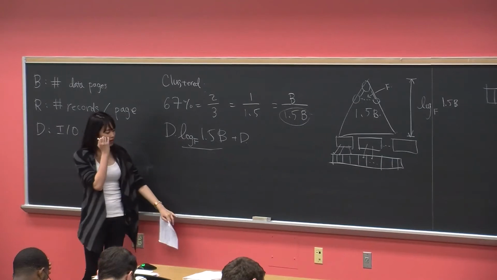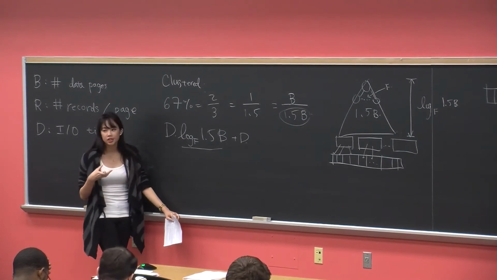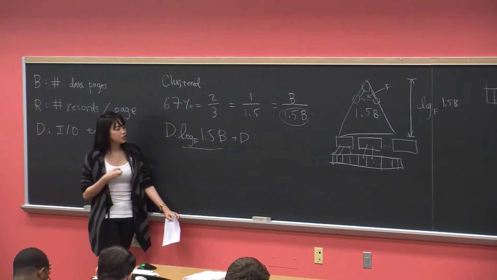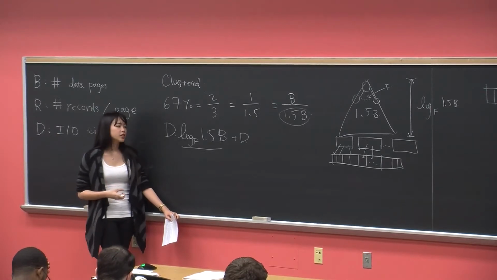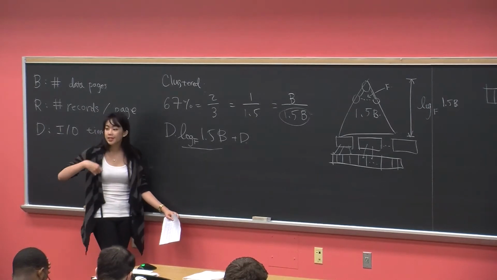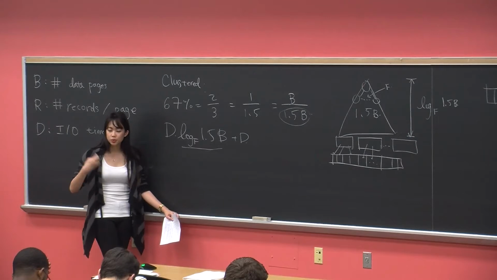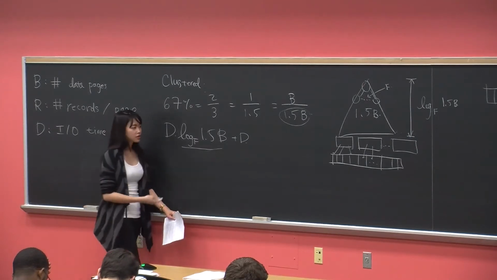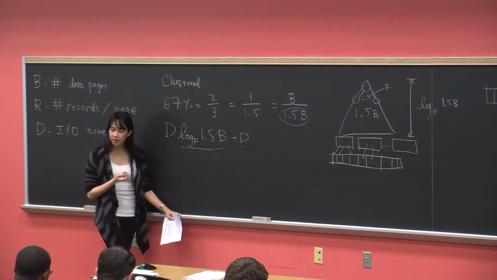You're deleting a record from a page, and that's essentially the same as rewriting that page with 1 record missing. So that cost itself, again, is D.